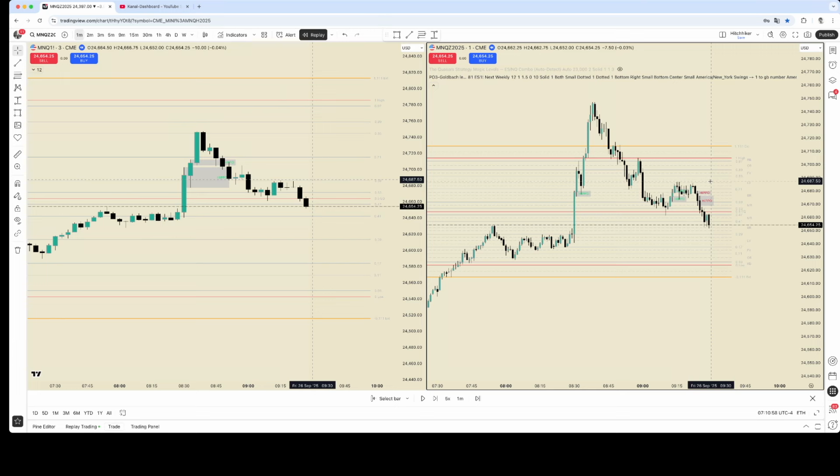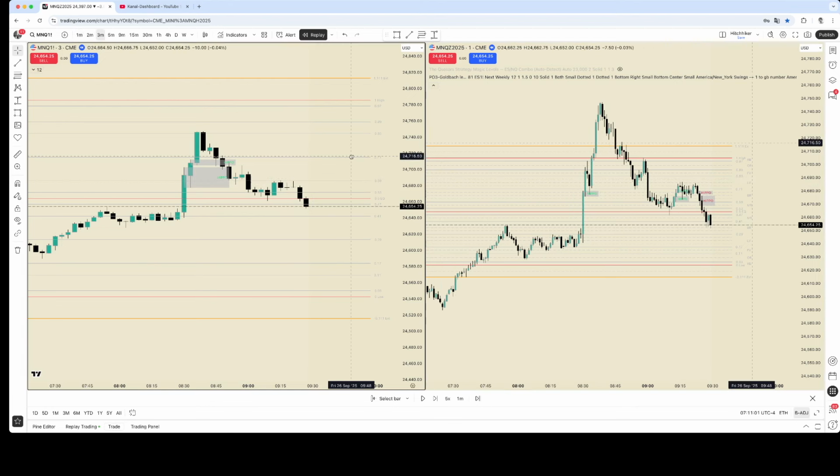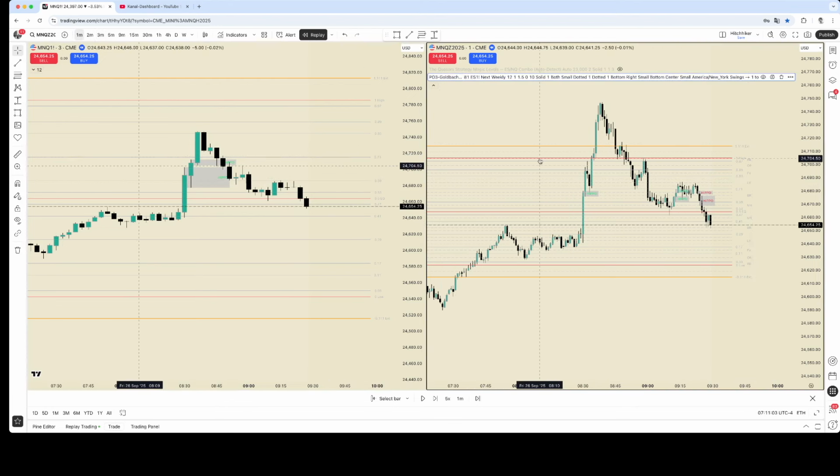So on the left we have the 243 GB range on a 3-minute chart, and here the 81 GB range on the 1 minute. We are just 3 minutes before the opening, and on this range, on the 81 range, you would see all this liquidity down here.